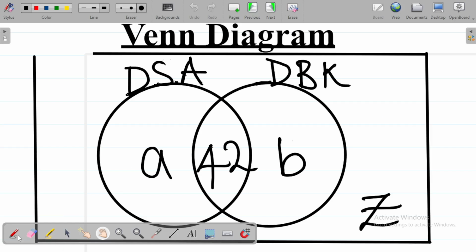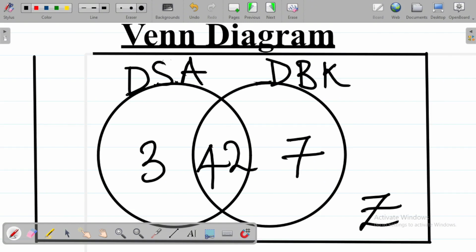So the value of A is what? What is the value of A from our calculation? The value of A is 3. And then the value of B is 7 from our calculation.